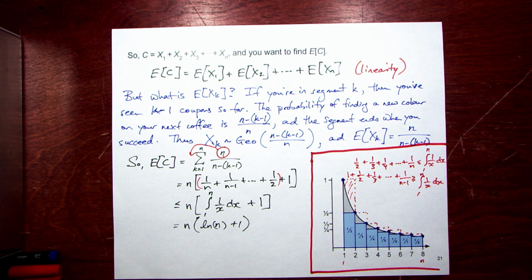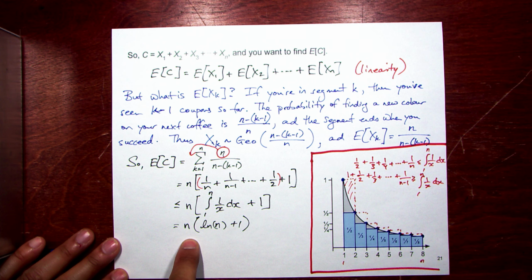So this amount of coupons we expect to get grows like n log n.